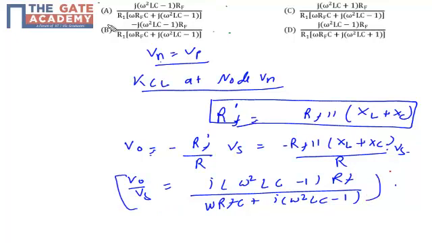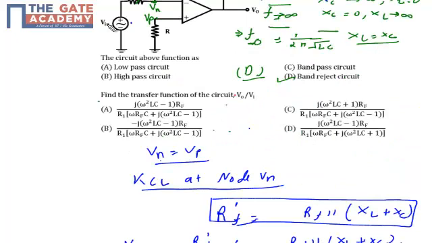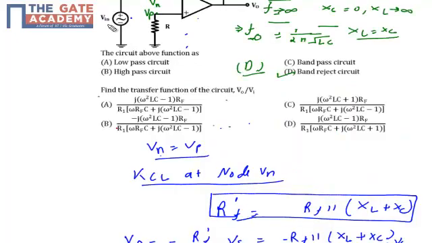This will be my expression. It's just the simple formula of the inverting amplifier, though you can solve it by KCL also. But because we know that it's an inverting amplifier, we can directly use its formulas. So my correct option is option B for this case. Thank you.